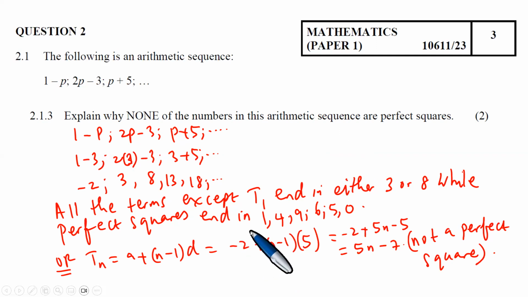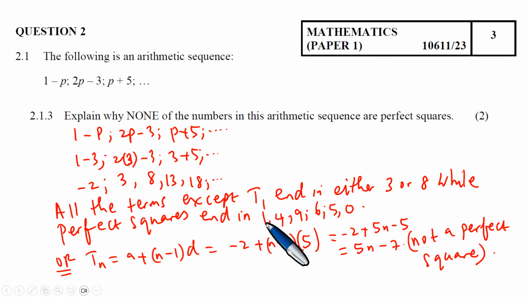Perfect squares ordinarily end in 1, 4, or 9. 16 is a perfect square and it ends in 6. 25 is a perfect square and it ends in 5. 100 is 10 squared, a perfect square that ends in 0, etc. 121 is 11 squared, it ends in 1, and so on.